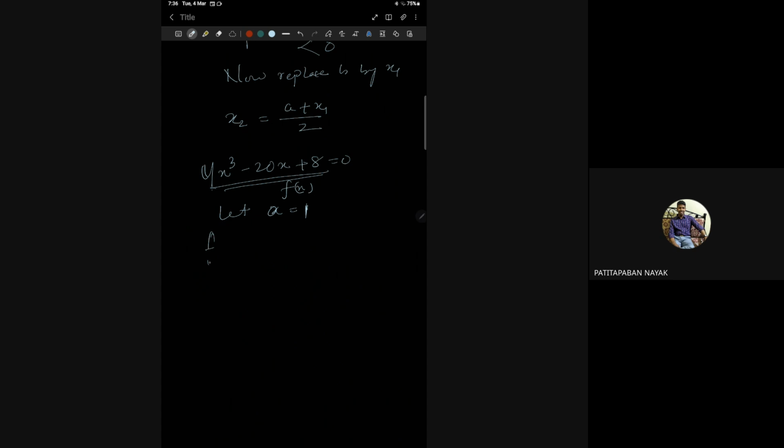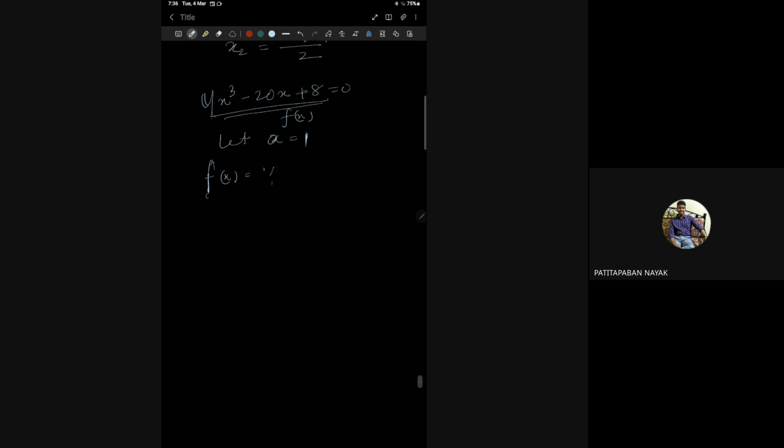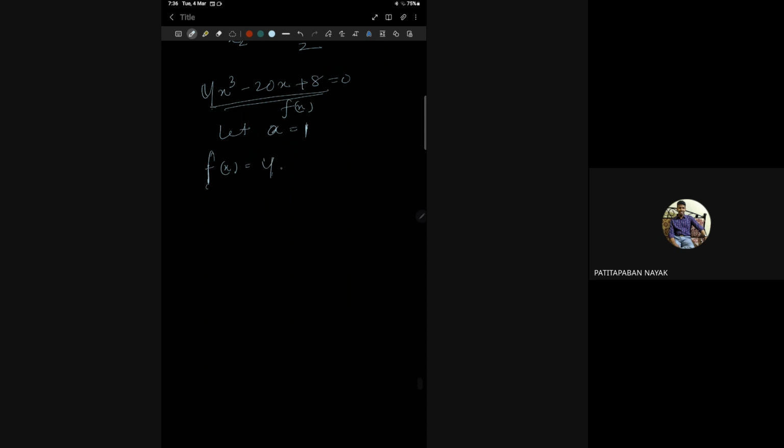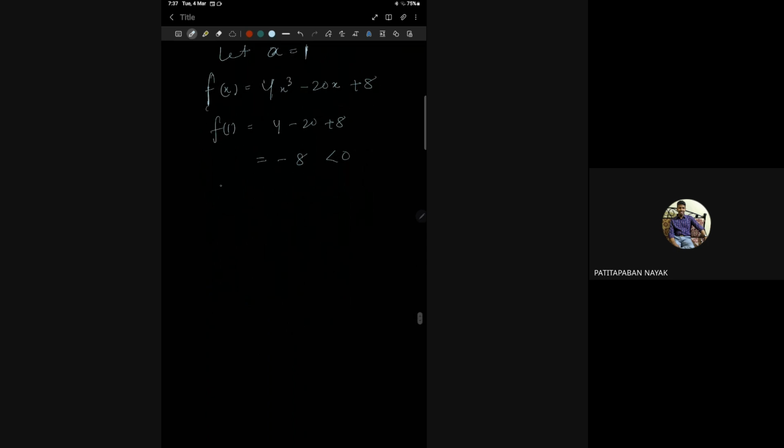So my f of x equals 4x cube minus 20x plus 8. Then f of 1 is equal to 4 minus 20 plus 8, so that is equal to -8, less than 0. Okay. Now let b is equal to 3.